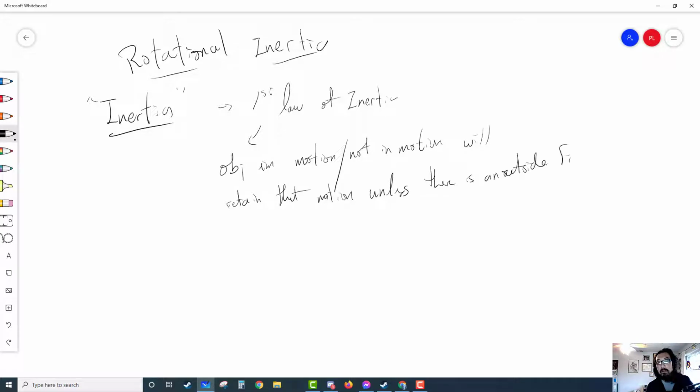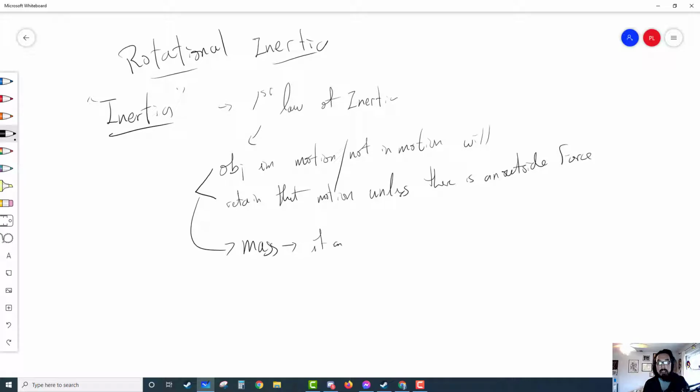It's important to keep this law in our minds because it really helps with the understanding of rotational inertia. This entire law can be summarized by one idea, and that idea is mass.